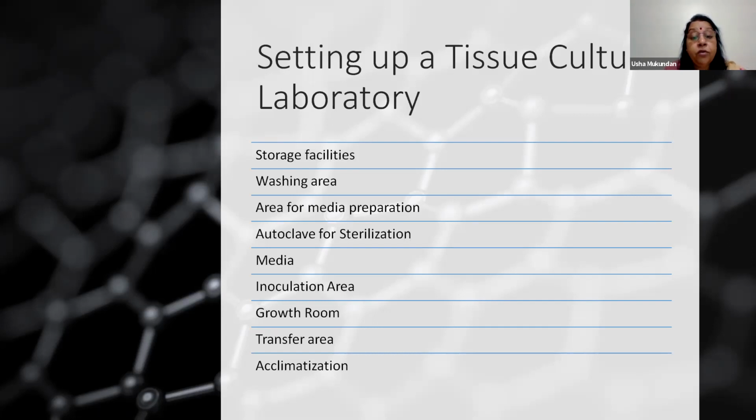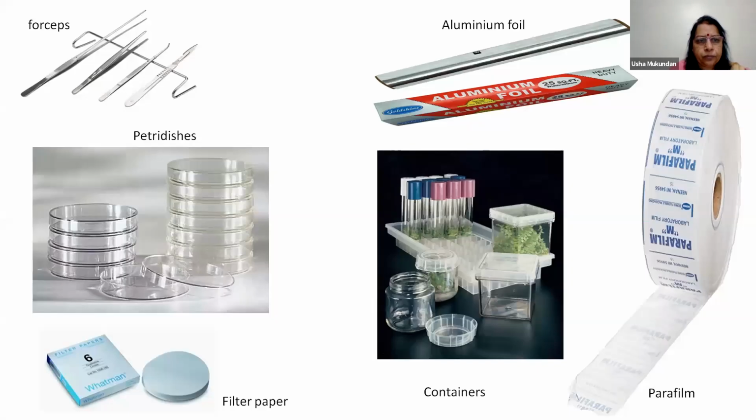Then what are the medium constituents? Then your inoculation area, your growth room, transfer area, and finally the survival of these in vitro plants in field condition, which we call acclimatization. When we talk about micropropagation, we are going to also revise many of these once again.